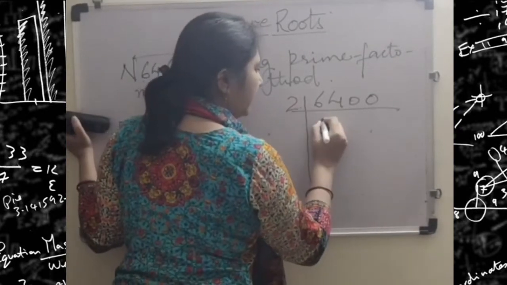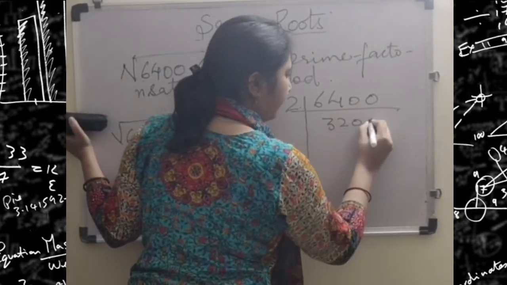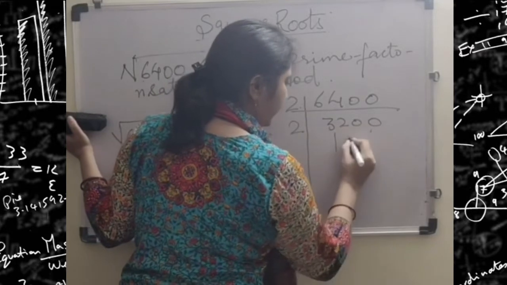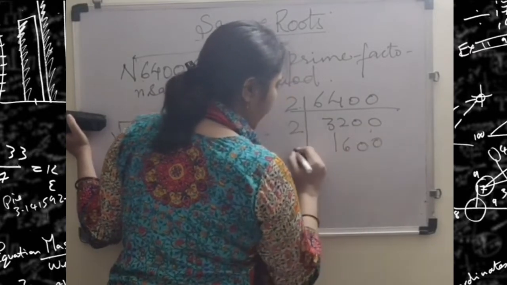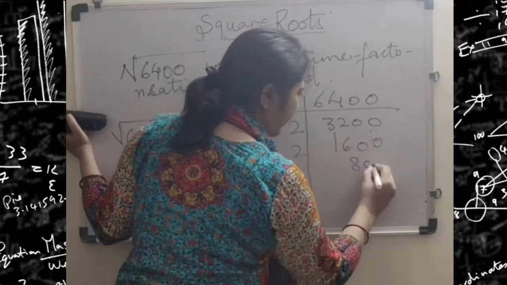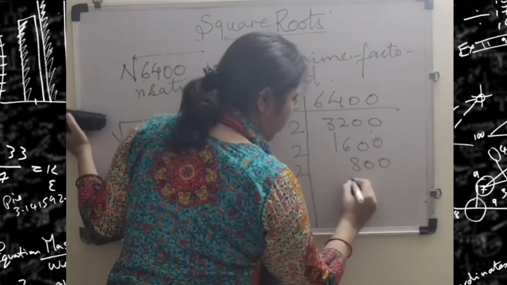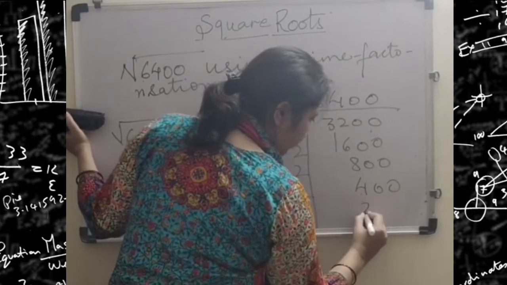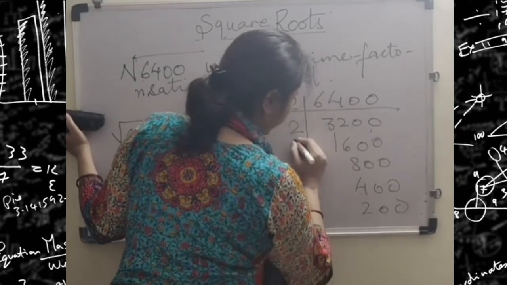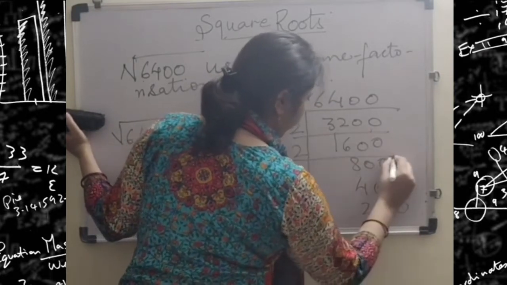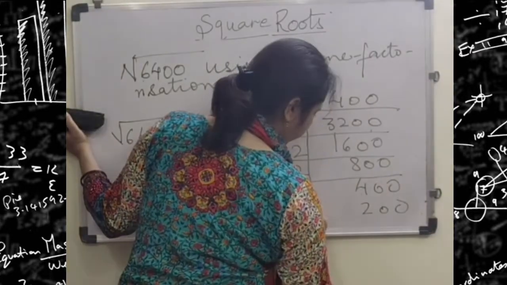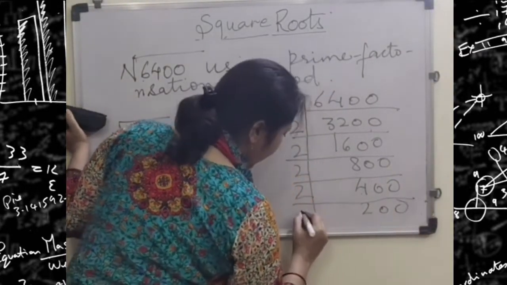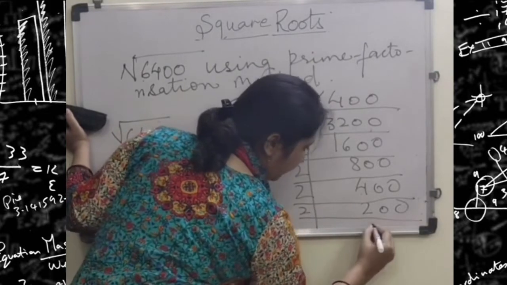Starting with 2, it is 3200, again by 2, 1600, again by 2, it is 800, by 2, 400, by 2, it is 200, again by 2, it is 100.